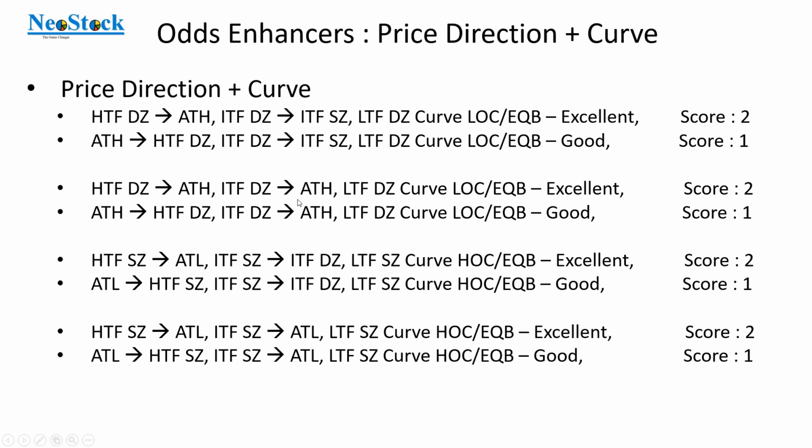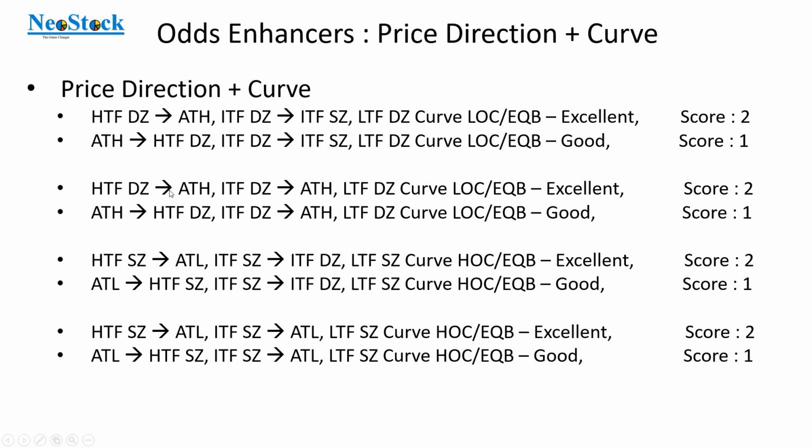So when there is bullishness, obviously we should plan long trades. And the curve also matters. Here the curve is low on the curve or equilibrium. In all-time high scenarios, we have only two curves, low on curve or equilibrium. Wherever it is, 2. If it is against the HTF direction, the score will be reduced to 1. But we are not against.